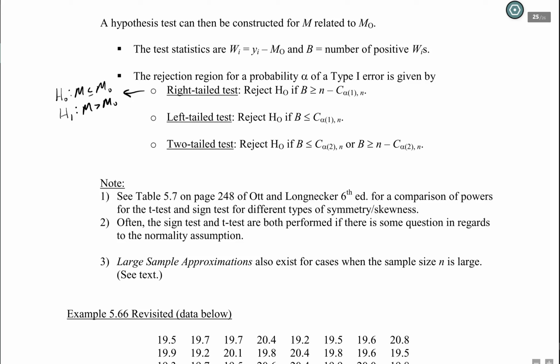Left tail test is reject H naught if B is less than C. And the two-tail test, you reject if B is less than C or if B is greater than or equal to N minus C. But notice here the subscripts are different for the two-tail test, and that's taken care of in table 4 for us. So we can use this B value, the number of data values bigger than M naught, to perform our hypothesis test.